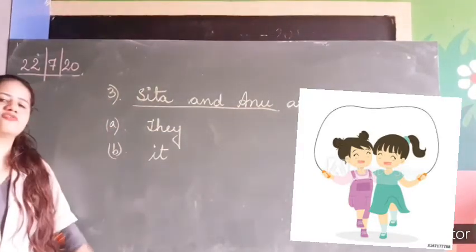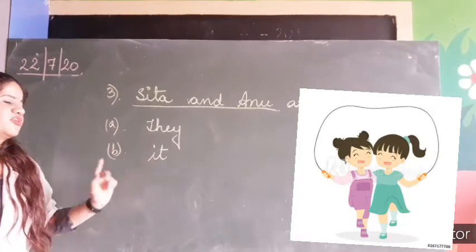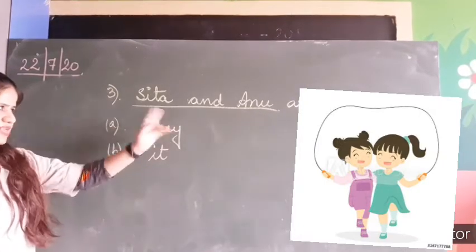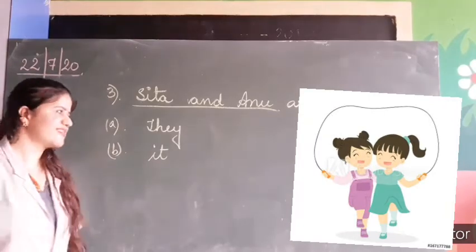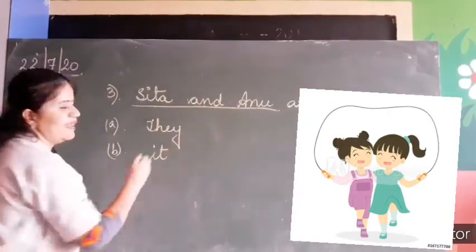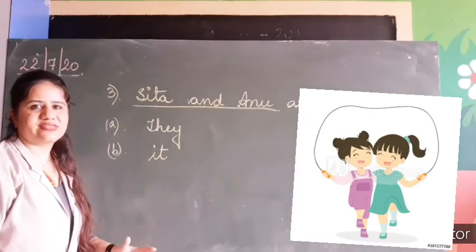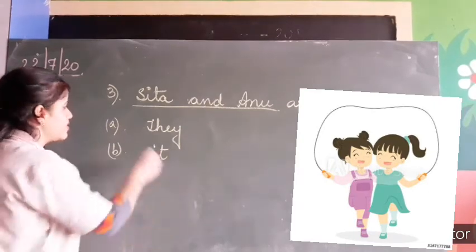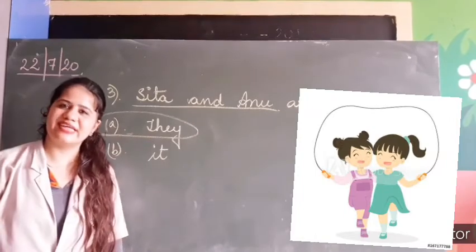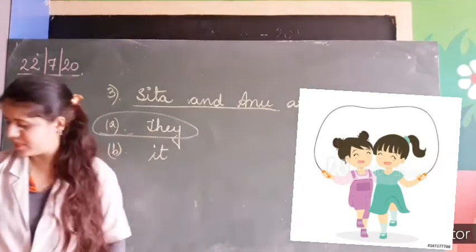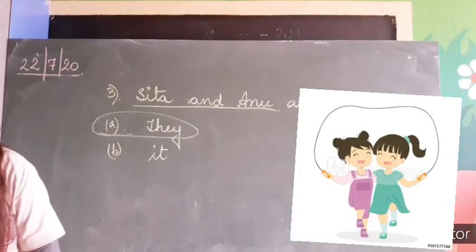So which option is correct? In place of Sita and Anu we will use they. Yes? Because there are two people and it is used for objects, things. Okay, so they is the correct option. Easy? Yes, easy, no? Okay.